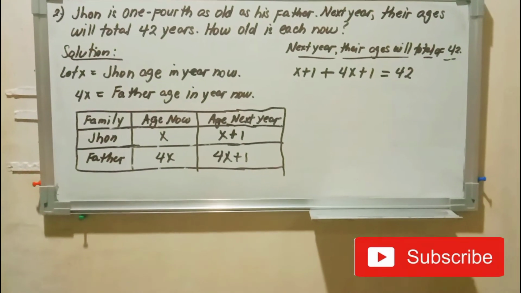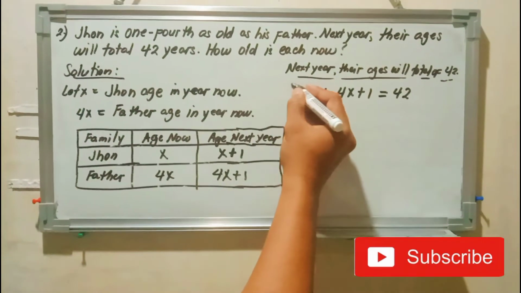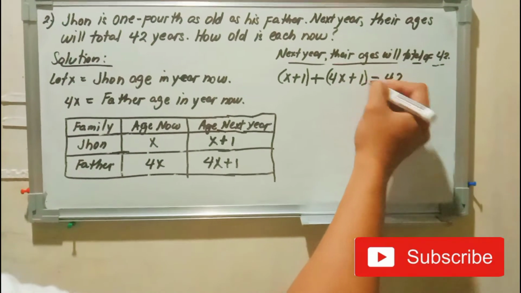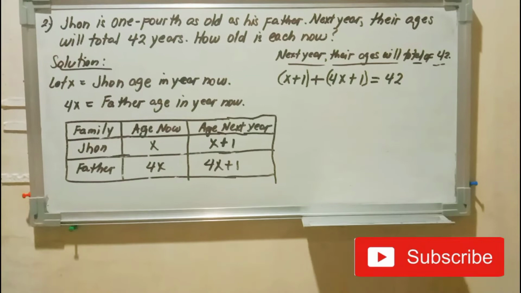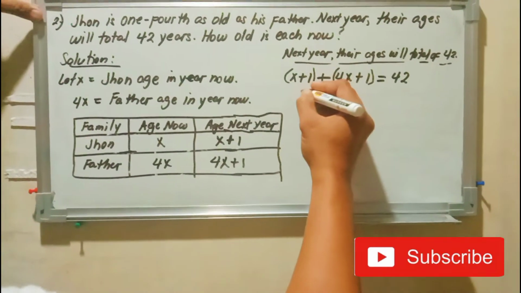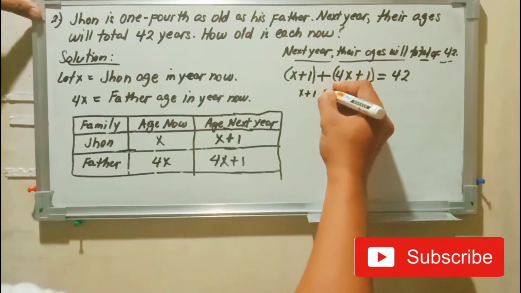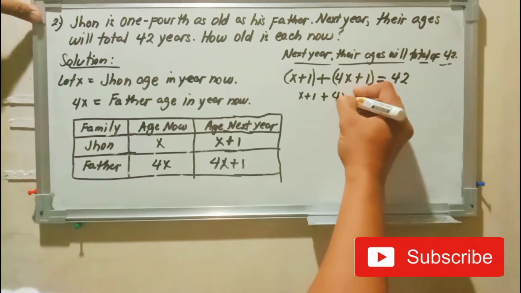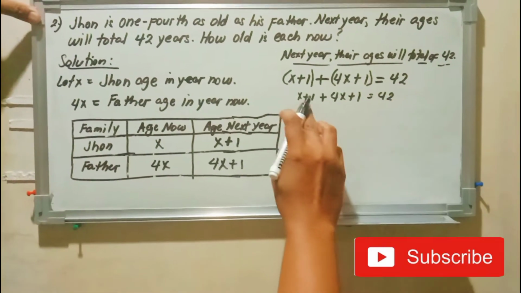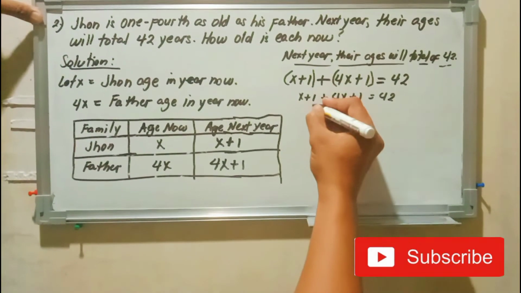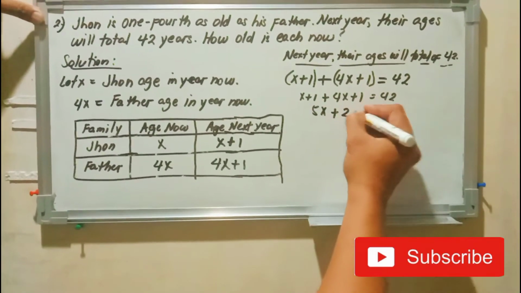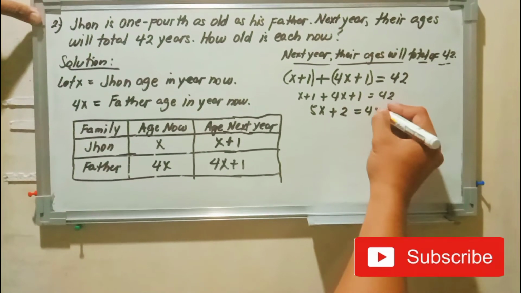To simplify this equation, x plus 1 plus 4x plus 1 is equal to 42. x plus 4x is 5x, plus 1 plus 1 is 2, equal to 42.